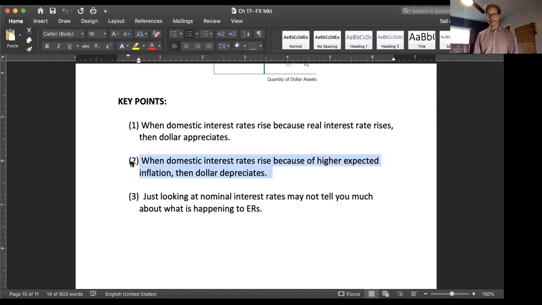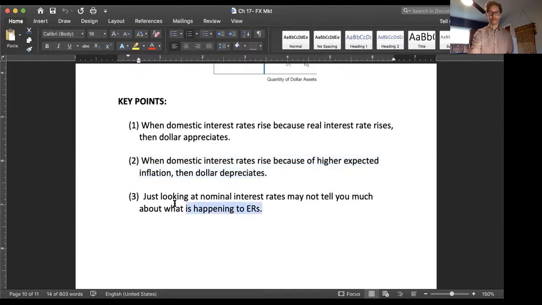What I'm trying to say here, maybe not very well, is you just can't look at the nominal interest rate and say it went up, so the dollar's going to go down. We need to know what's driving that higher nominal interest rate. If it's driven by a higher real interest rate, then the dollar could appreciate. But if the higher nominal interest rate in the US is driven by inflation, the dollar could depreciate.